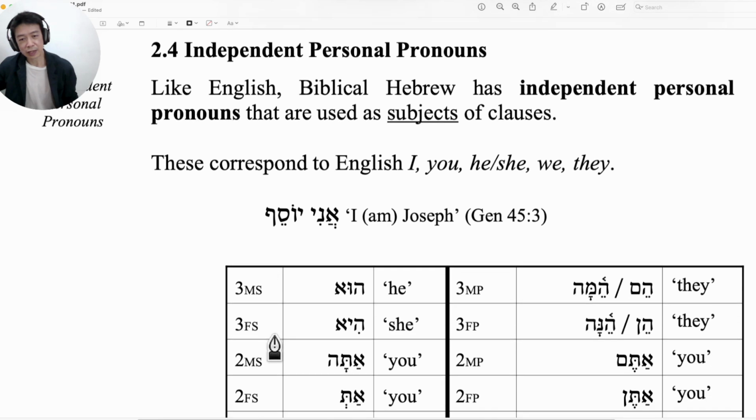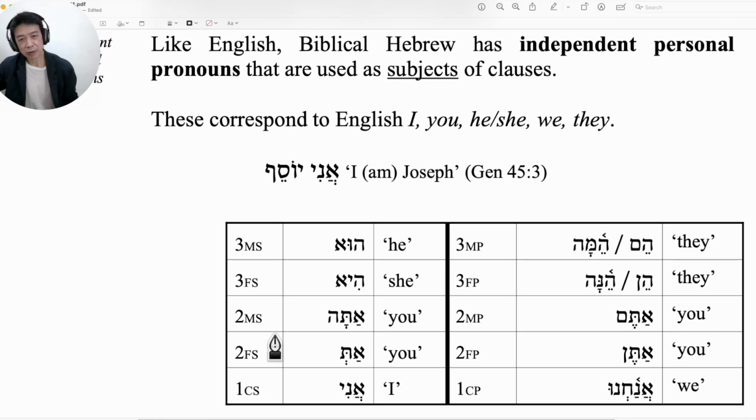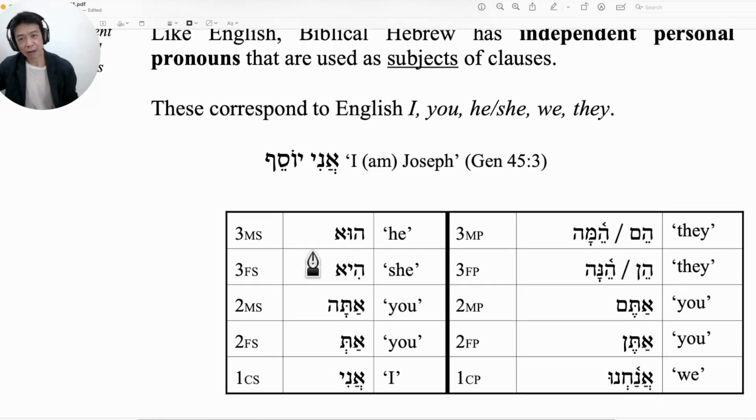For instance, in this simple phrase, "I am Joseph," from Genesis 45 verse 3, if you read from right to left, it says Ani, which means I, Yosef, Joseph. So the word am doesn't really appear in this phrase. It has to be supplemented when you translate from Hebrew to English.